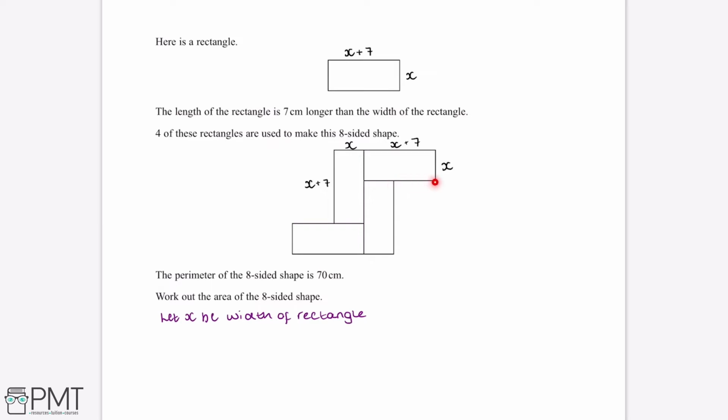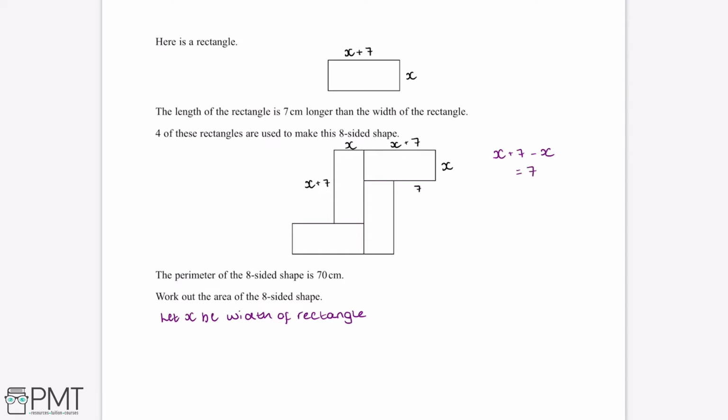Now this side here is equal to 1 length of this rectangle minus 1 width of this rectangle. And if the length of the rectangle is x plus 7 centimetres and the width is x centimetres, then this side length will be equal to x plus 7 minus x centimetres, which is 7 centimetres.